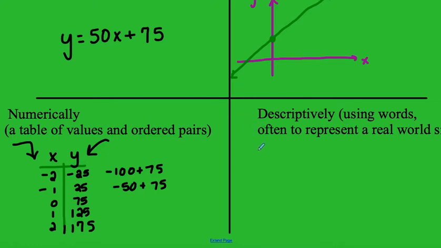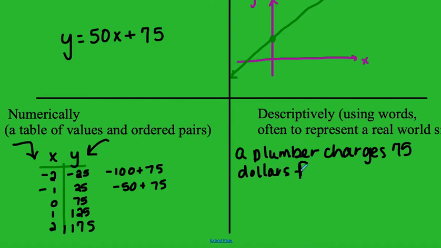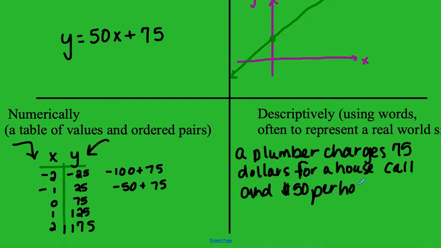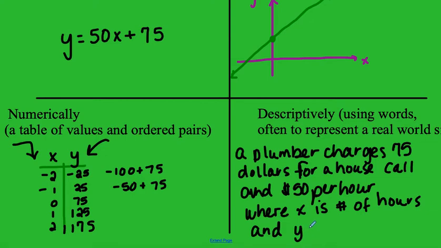So this might be a word, like a real-world example might be a plumber charges $75 to make a house call, and $50 per hour, where x is number of hours, and y is the total charge, the total amount he charges.